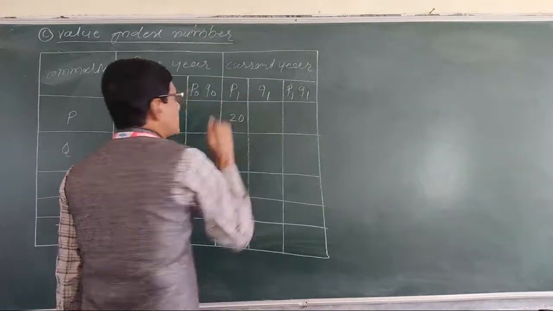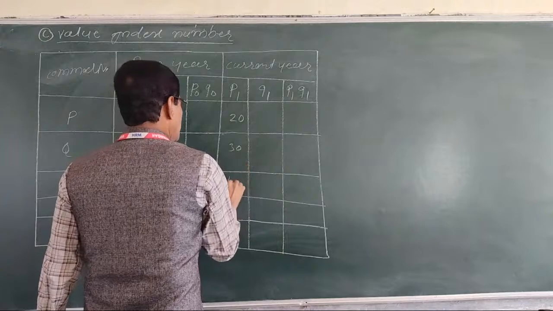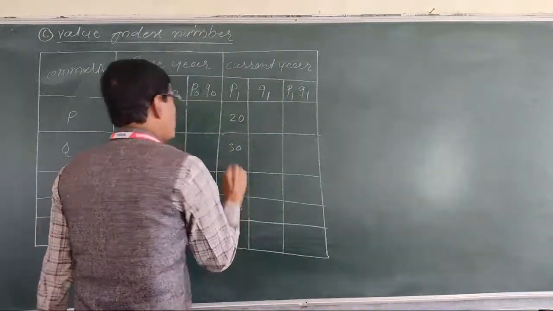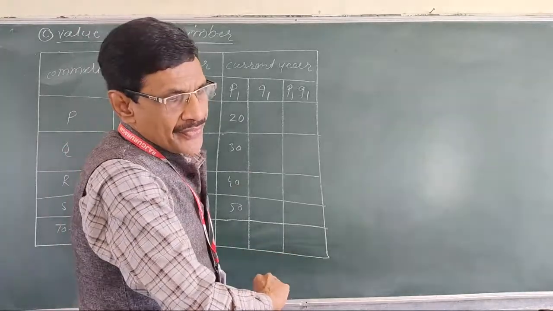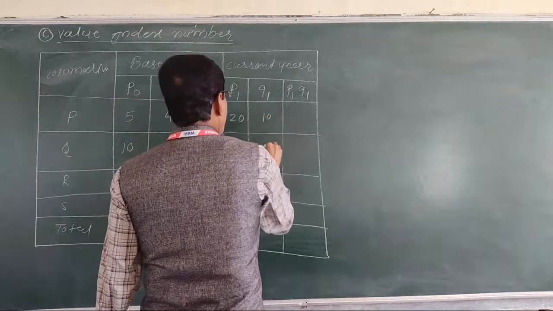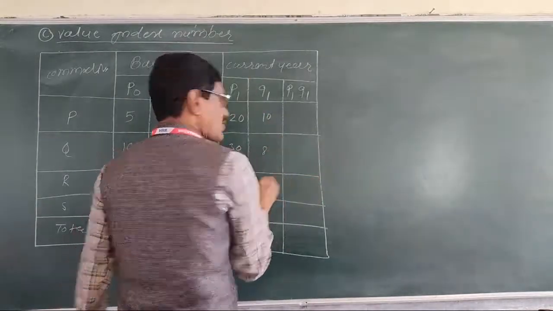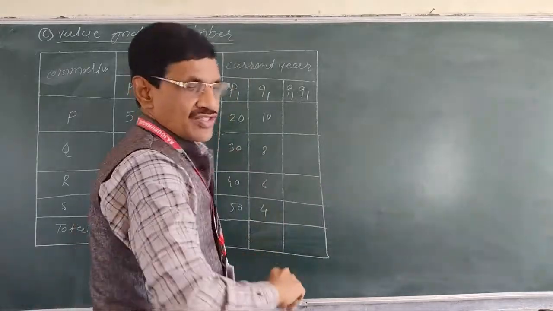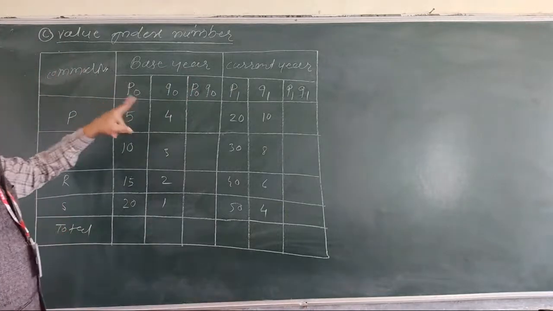The current year prices P1 are 20, 30, 40, 50. The quantities Q1 are 10, 8, 6, 4. Okay, look at that.